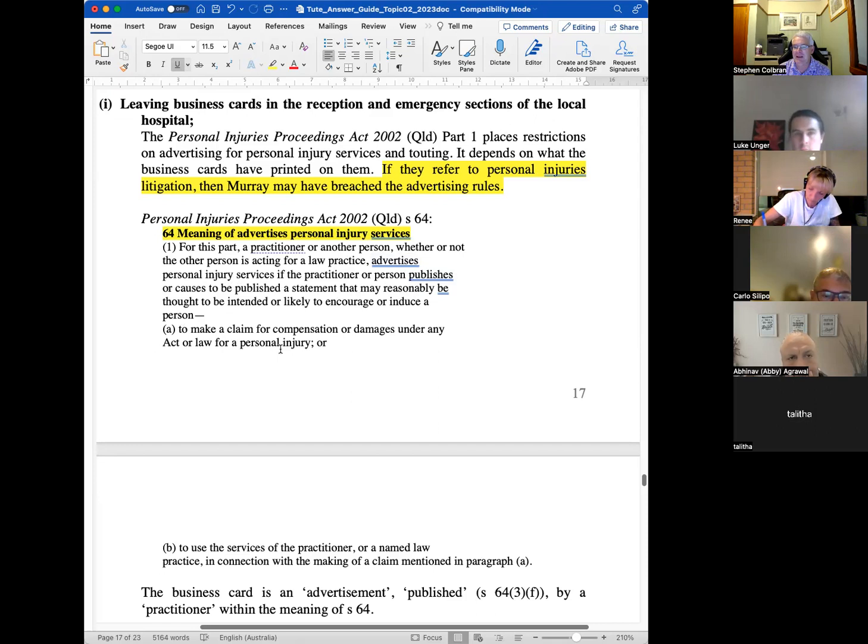So leaving the actual business cards would fit within that definition of advertising personal injury services. If Murray got someone else to put the cards there, say Murray, for example, gave it to a nurse and said, do you mind putting that in the emergency section of the hospital on the counter?